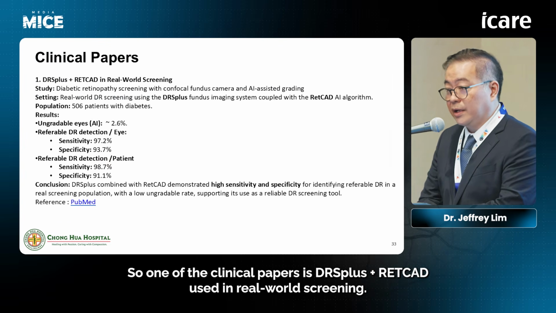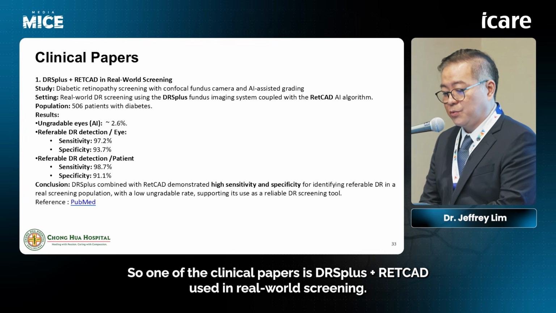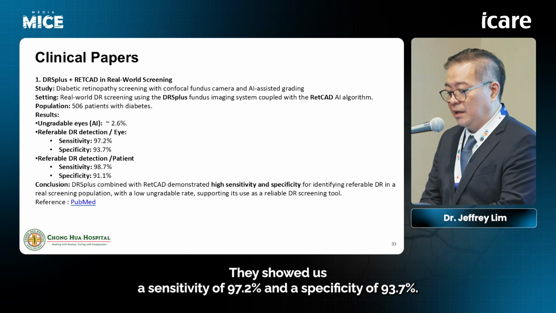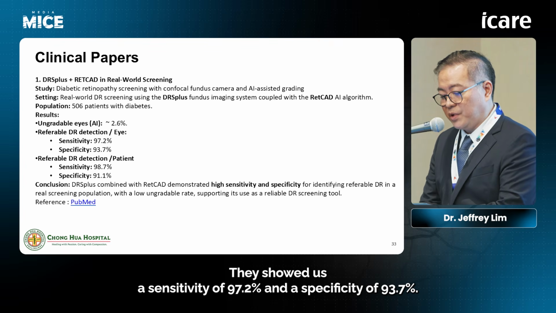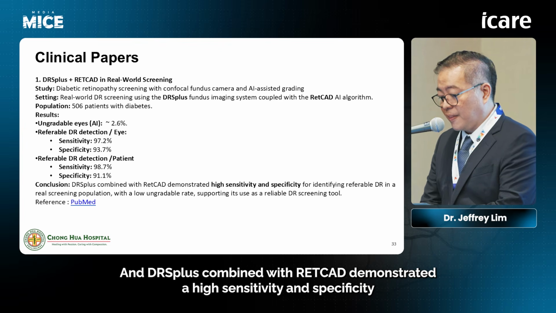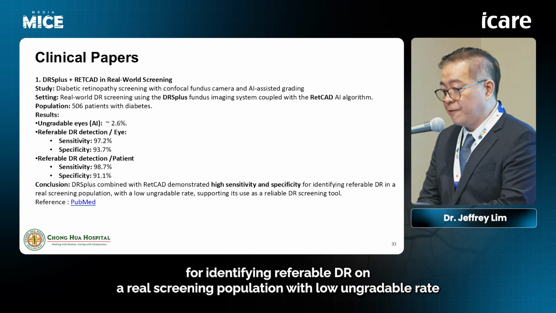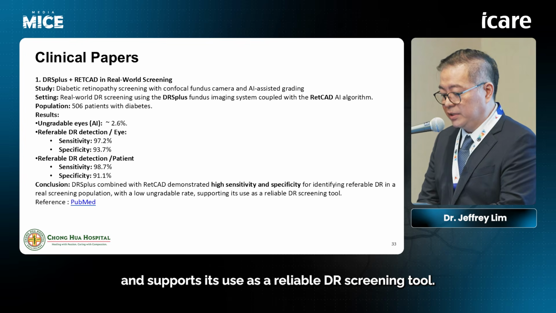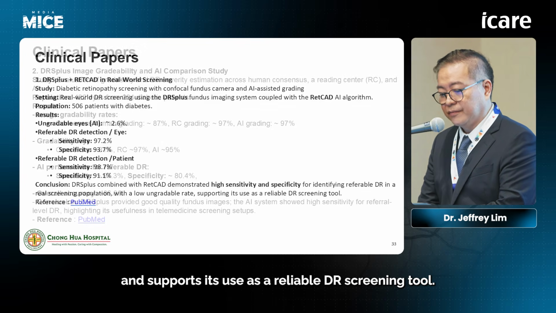So one of the clinical papers is DRSplus plus RETCAD used in real-world screening. They showed us a sensitivity of 97.2% and a specificity of 93.7%. And DRS combined with RETCAD demonstrated a high sensitivity and specificity for identifying referable DR on a real screening population with low ungradable rate and supports its use as a reliable DR screening tool.